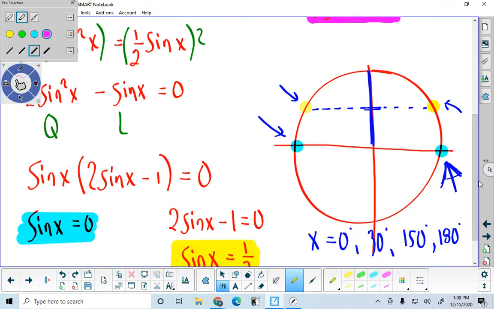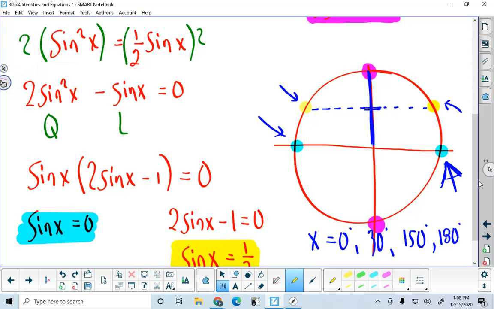It's equal to 0 here and here. So that's okay. Those 4 solutions we got are permissible. But if we got one of the solutions and it landed on that pink dot on the top or the bottom, we would have to throw it out because it's not permissible. And we're going to run into one of those sooner or later.